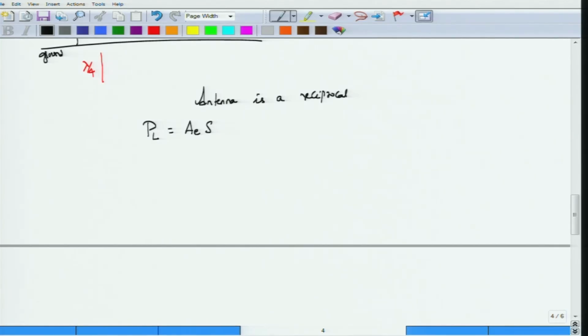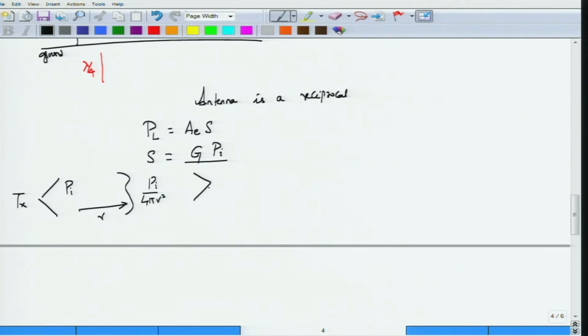If the antenna has a certain gain, then the power density that would be received will also be scaled up similarly. So, the power density S will be equal to G times whatever power density you have. If you have a transmitting antenna putting out a total power of Pi, the power density at a distance r will be equal to Pi by 4 pi r square.